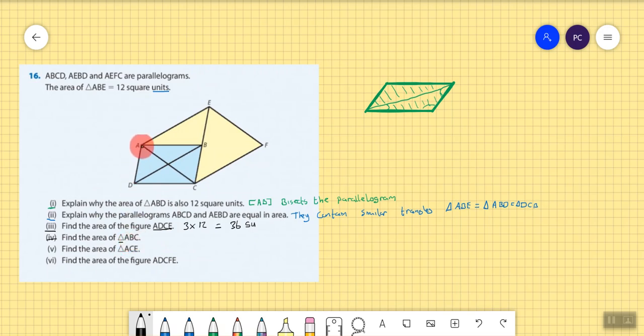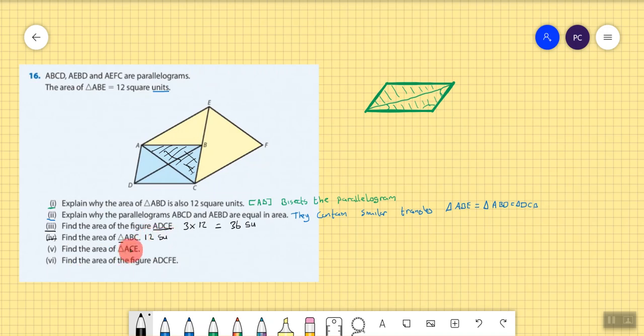So the area of this guy here is going to be equal to this, which is equal to this, and it's 12 square units.